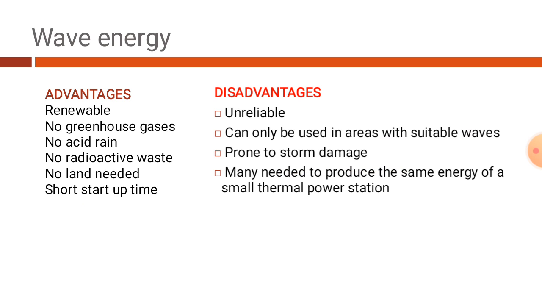Many are needed to produce the same energy as a small thermal power station, so that leads to the cost factor. Lots of money needs to be spent to build this system, and it is also a danger to shipping. Ships can get damaged if they hit it, and they might suffer because of the damage.